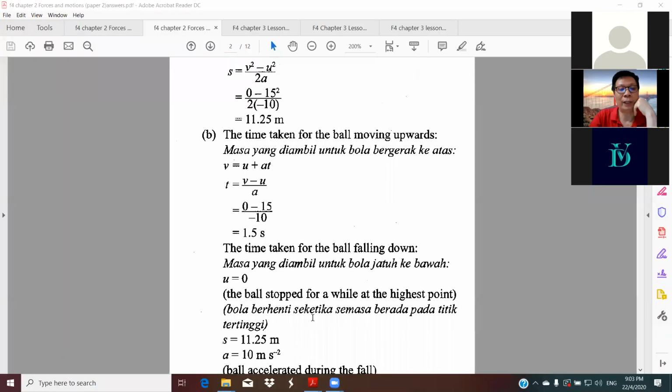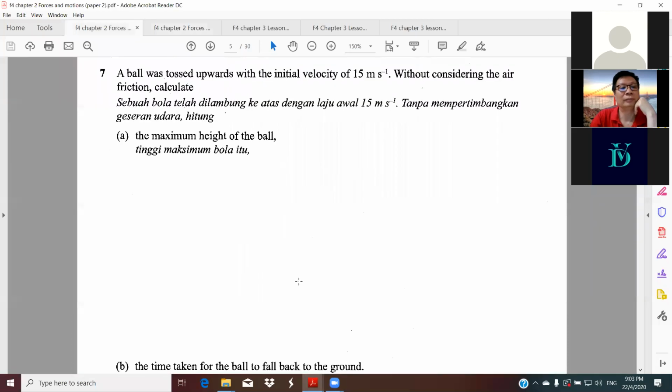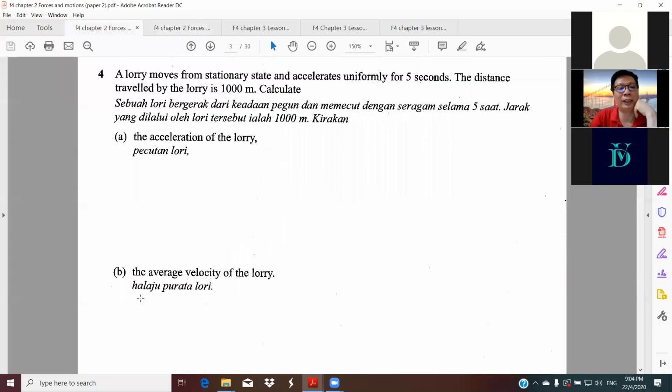Okay, someone asked a question here. Justin asked about question number 4B, wanting to count average velocity. Let's see the question again. Just now you didn't calculate here.